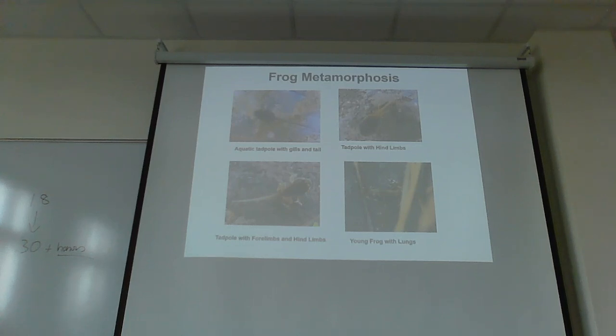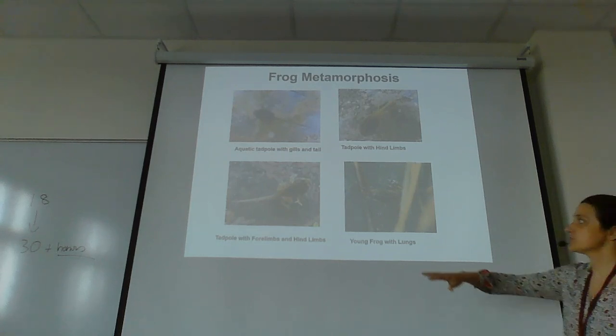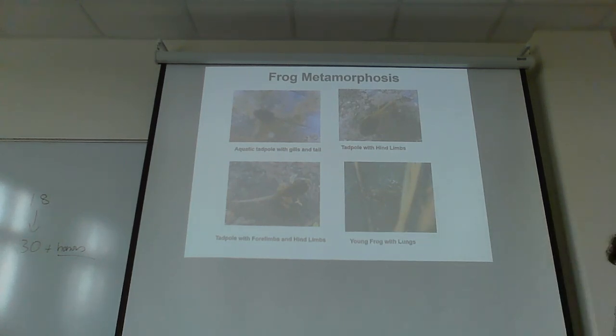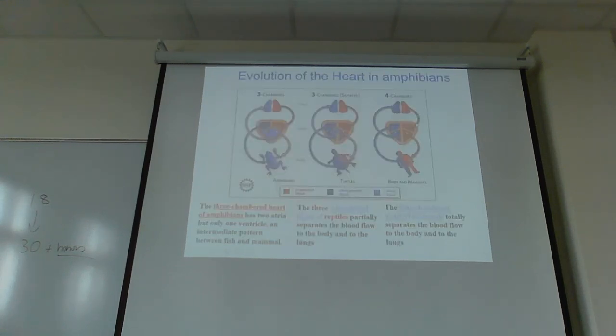Frogs are not born looking like the adult, but they're born like a fish, basically, that even breathes with gills. And then they undergo a strong transformation, known as metamorphosis, to become an adult that is completely different from the first organism that hatches from the egg. Okay, so I'm not going to go too into the details.